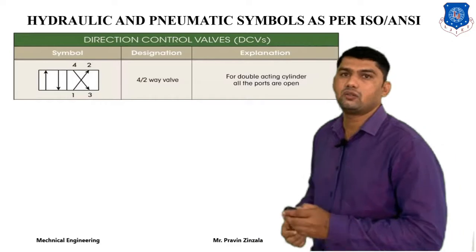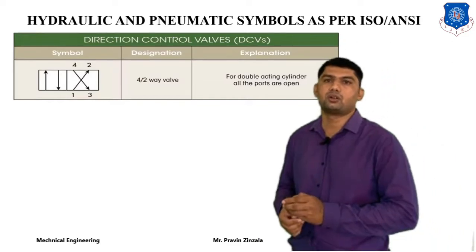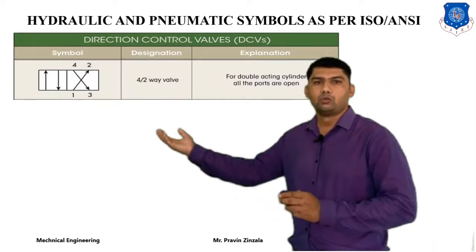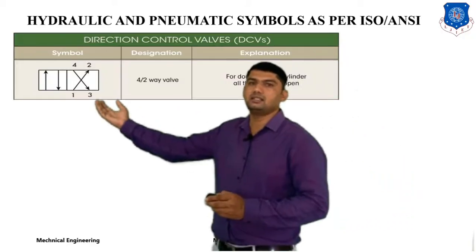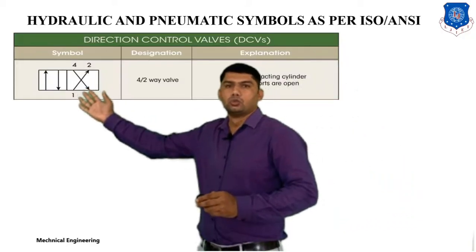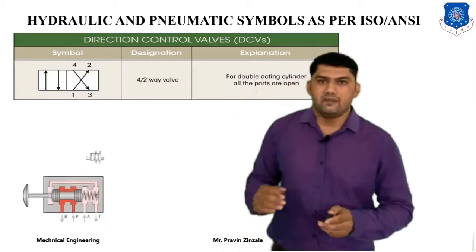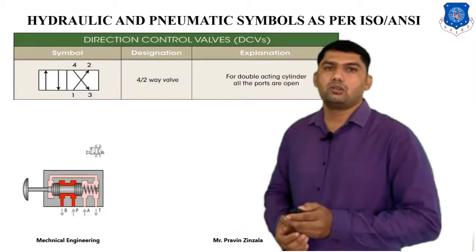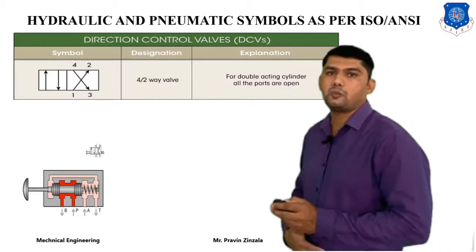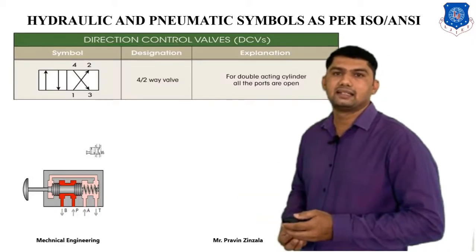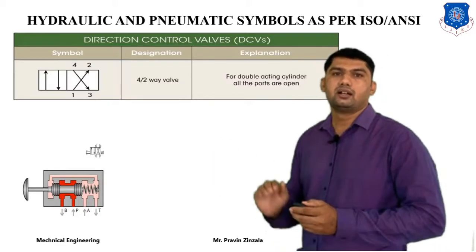The next direction control valve is the 4x2 direction control valve, a two position valve, so there are only 2 square boxes. The advantage of the 4x2 direction control valve is that it is used for the operation of a double acting cylinder for extension and retraction.